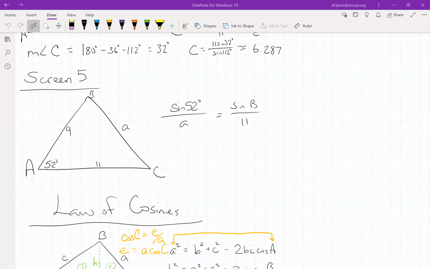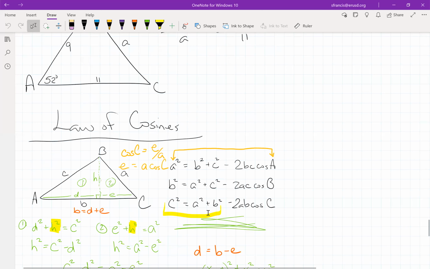The first step would be to find A using one of the three law of cosine formulas. They're really the same.